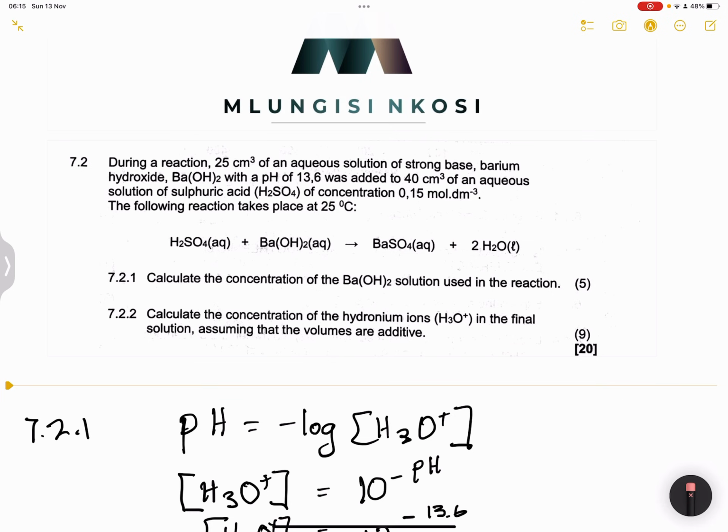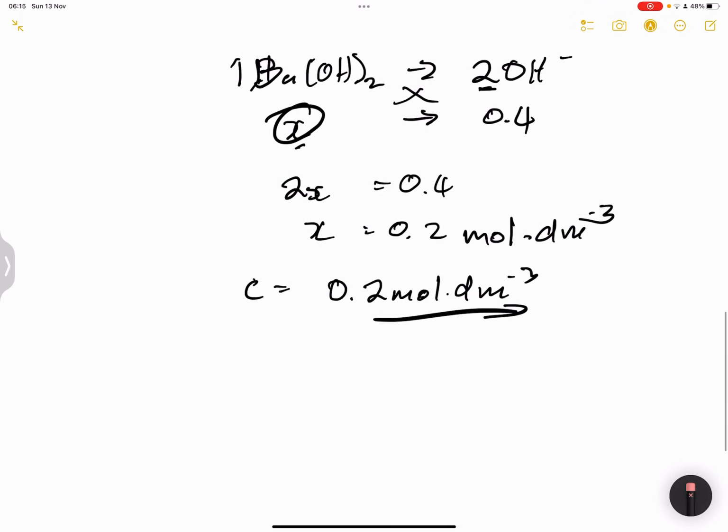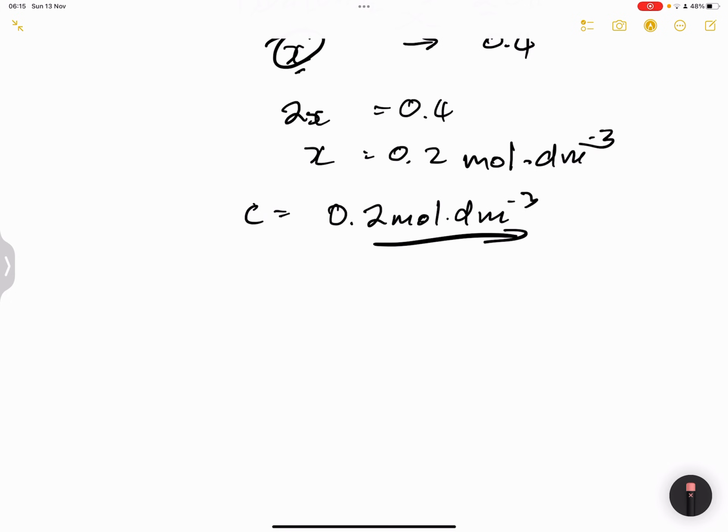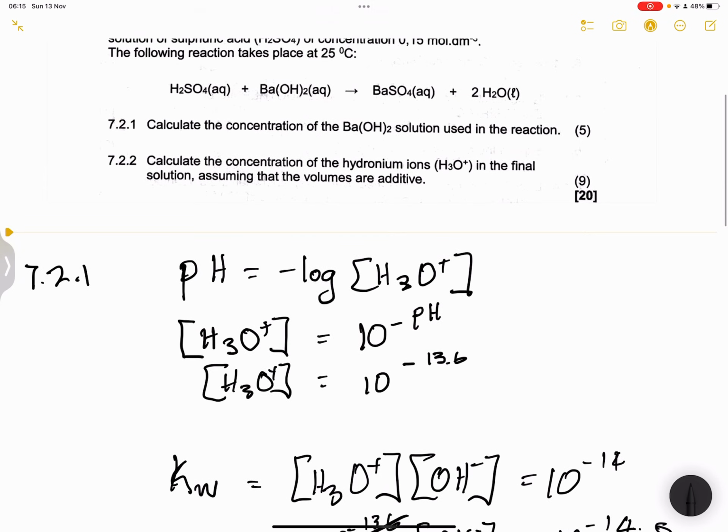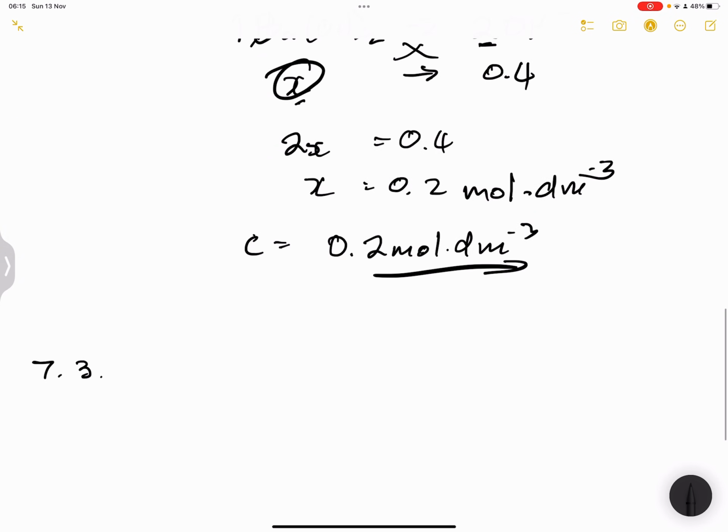So I can calculate the number of moles of barium hydroxide. That's concentration times volume.